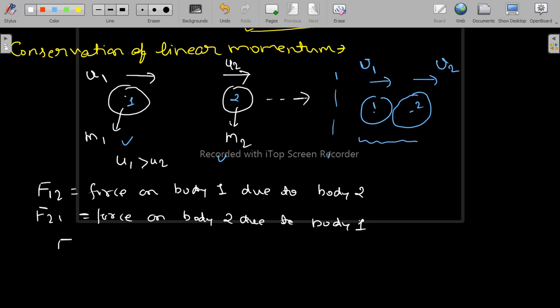Now tell me, how can we find F12? F12 is the force on body 1. We know that force is mass into acceleration. So F12 will be equal to m1, the mass of object 1, into the acceleration, which is due to object 2.